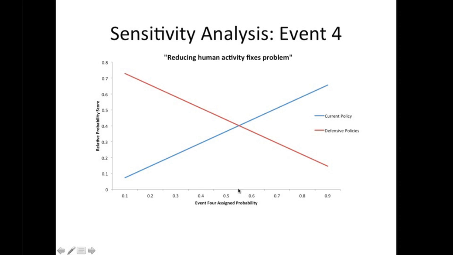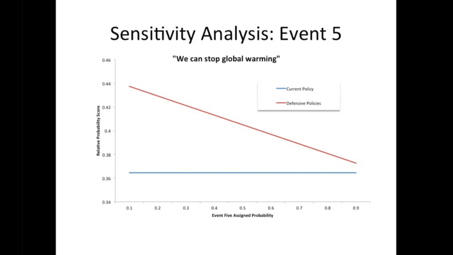If event 4, that reducing human activity fixes the problem, goes higher than 0.55, then you can see that current policies in the blue would be the way to go rather than the defensive policies. So this is one of the examples where we can see the value of doing the sensitivity analysis. We also did a sensitivity analysis on event 5, but here we see that the degree of sensitivity is really not quite the same.